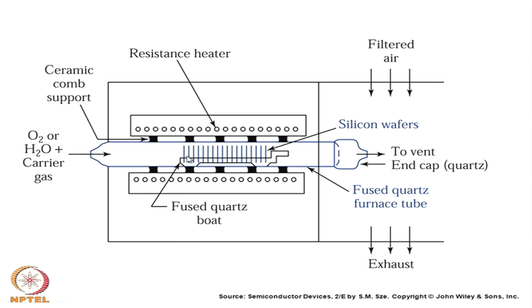You can find a large number of silicon wafers kept in a vertical position on the quartz board, and oxygen or H2O is passed through the quartz reactor, and depending on the source you can say whether it is dry oxidation or wet oxidation. This oxygen or water vapor is transported to the reactor site using a carrier gas, which may be nitrogen or argon.